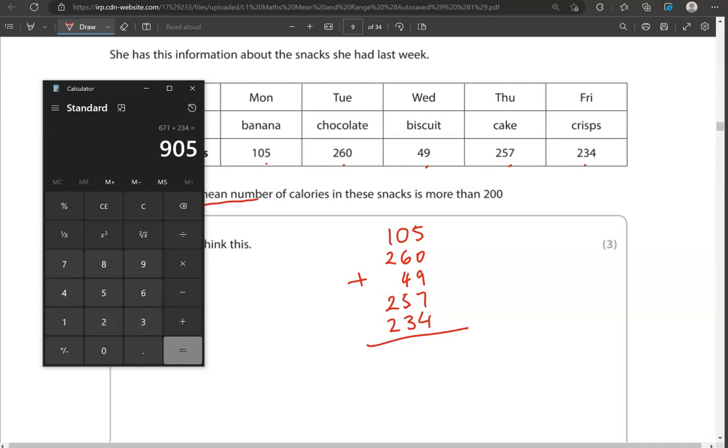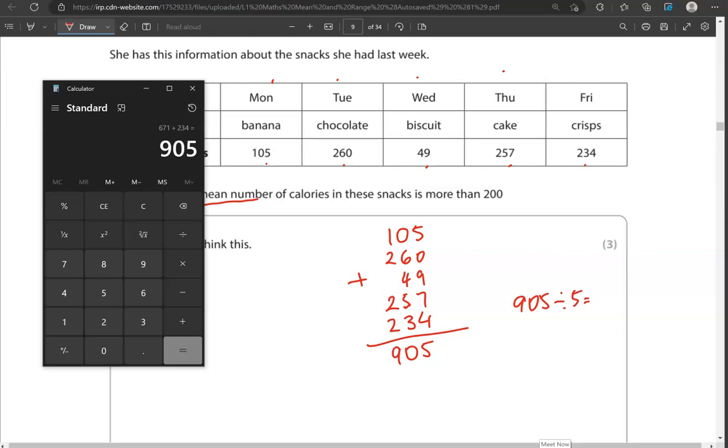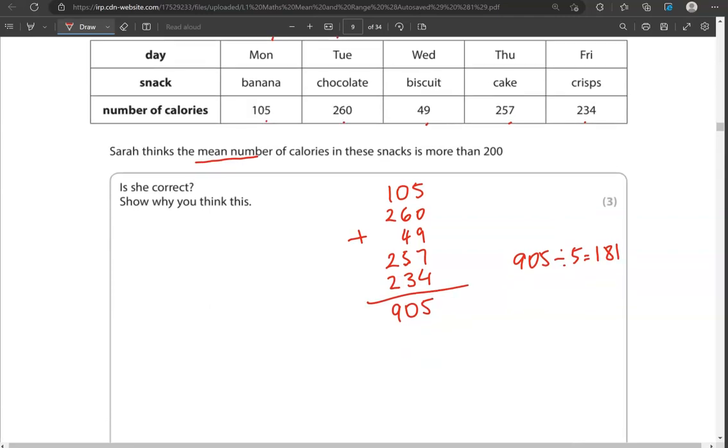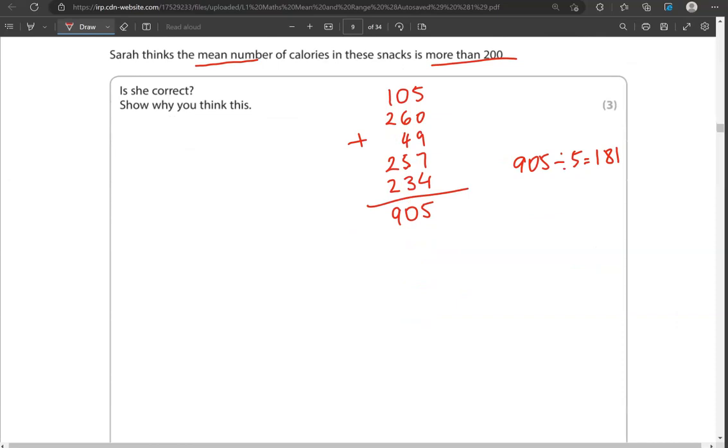Which is 905. So 905 divided by 1, 2, 3, 4, 5. Which is 181. So is this more than 200? No, it's not. So is she correct? We're going to say no.